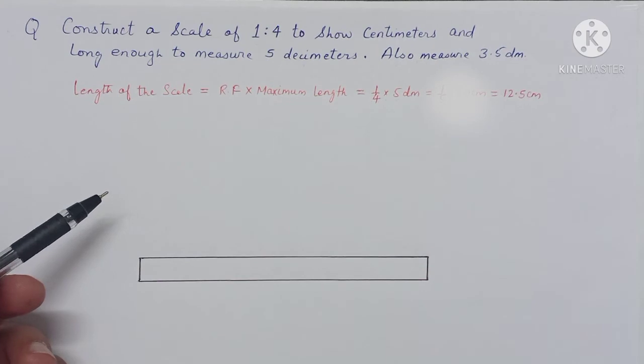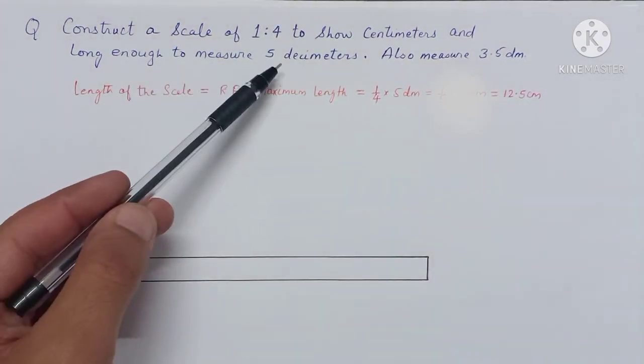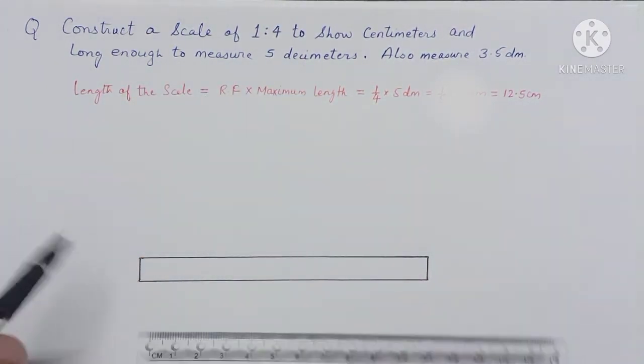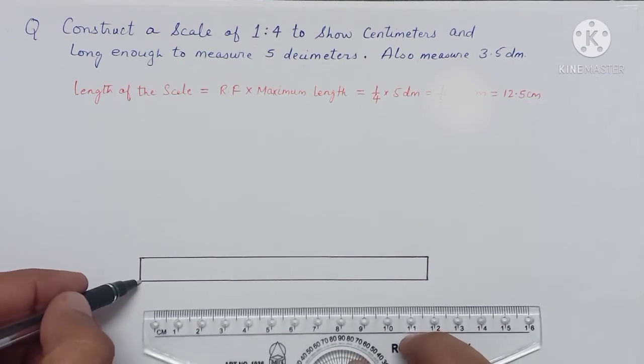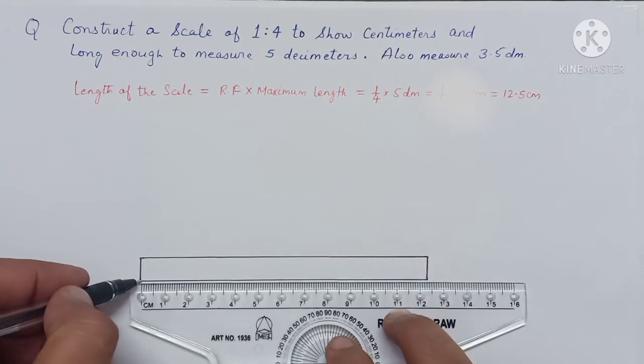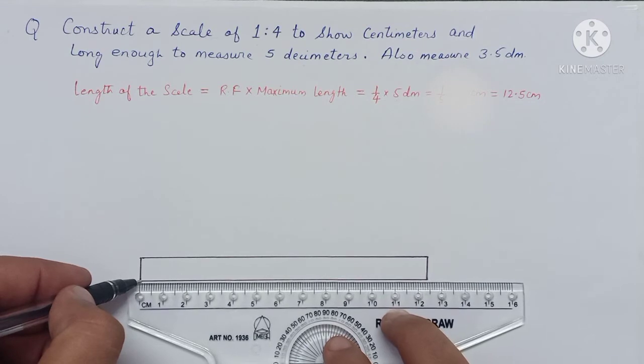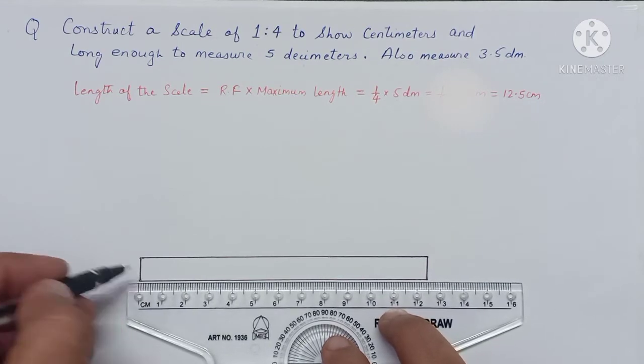We need to draw the scale which would measure 5 decimeter. For that, we will divide this line into 5 equal parts. Let us take 5 parts after every 2.5 centimeters.